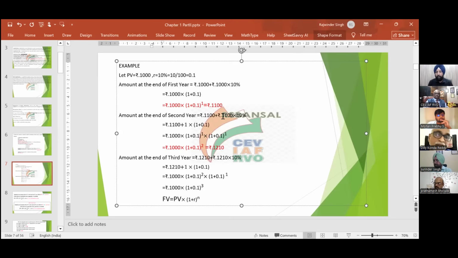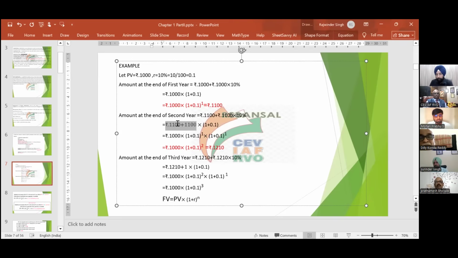So in the next year, you have 1,100 plus interest on 1,100, meaning 1,100 into 10%. Or you can say, taking this 1,100 as common, you will have 1,100 multiplied by 1 plus 0.1.